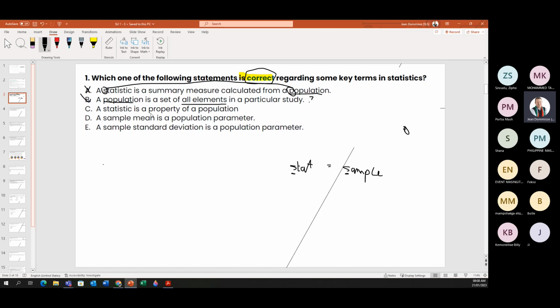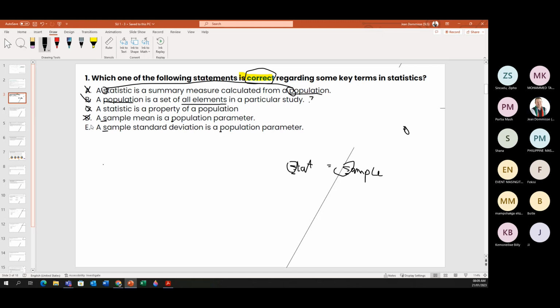A statistic is a property of a population. Statistic goes with sample, so no. A sample mean is a population parameter. Again, no, because a sample is part of a statistic and not a population. A sample standard deviation is a population parameter.